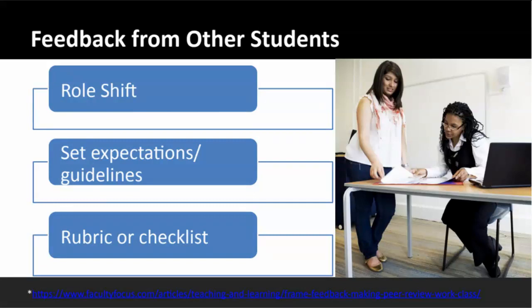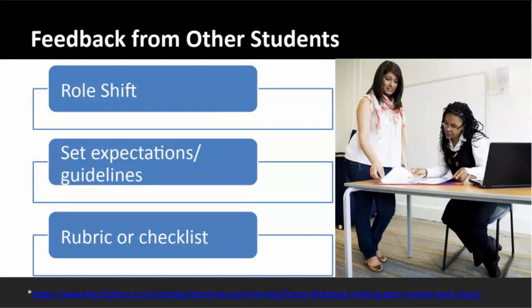So I use a checklist and then assign points with that, and that works better for really, really long, complex projects. Some of the other projects you might be able to use a rubric for, but you can also keep in mind that a checklist is a possibility that you might want to consider.